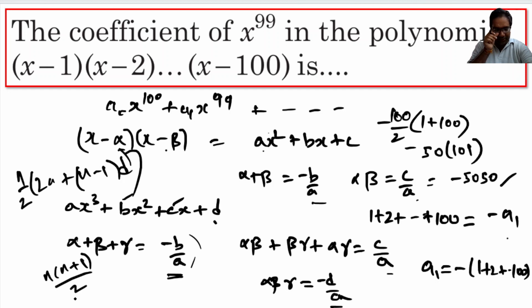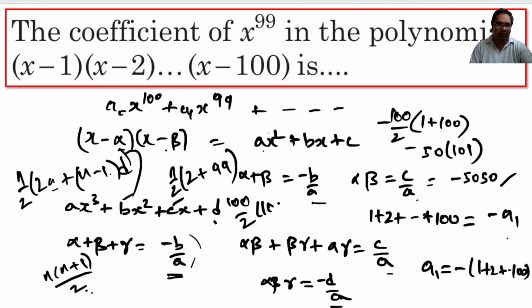Whichever way you use is fine. Using arithmetic progression, a is equal to 1, so we get n by 2 into (2 plus 99 into d). What is d? d is again 1. So 100 by 2 into 101, which is nothing but n into (n plus 1) by 2. Right, guys? Hope you like this. The correct answer is minus 5050. Thank you, guys.